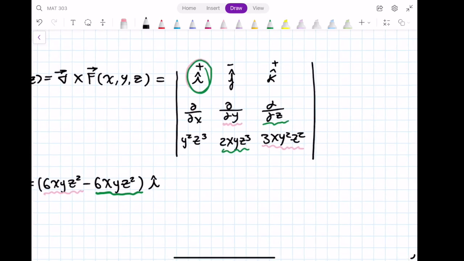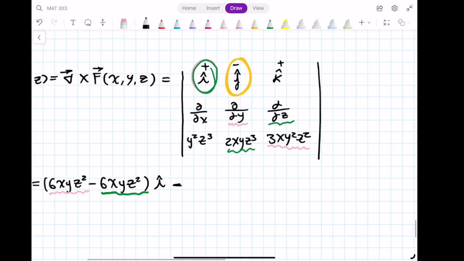Now the next one is negative because we're doing j hat, so remember this one is negative. So the next one will be negative 3y squared c squared.